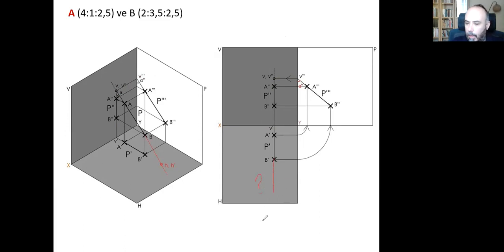In order to locate its exact position, I can just use its left side view, because if I am standing here and looking at the system, I will see that this line will intersect with the horizontal projection plane. This line here is its representation. So this is what I need to do.